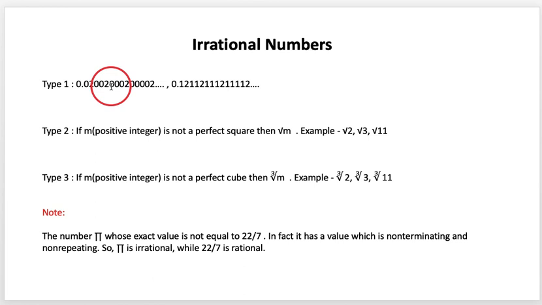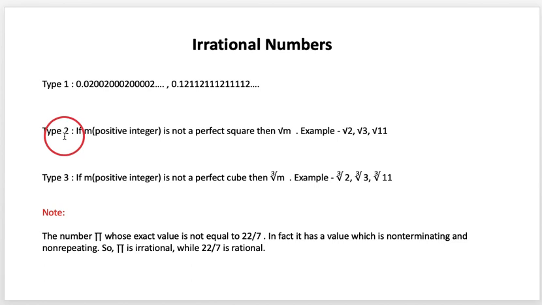In place of 2 you can write 3, 4, 5, anything. Here is another example, 1 2 1 2 1, it is 2 1 1, then 2, then 4 times 1. This way you can write. These are all called irrational numbers. Actually, what is an irrational number? A number which can neither be expressed as a terminating decimal nor as a repeating decimal.